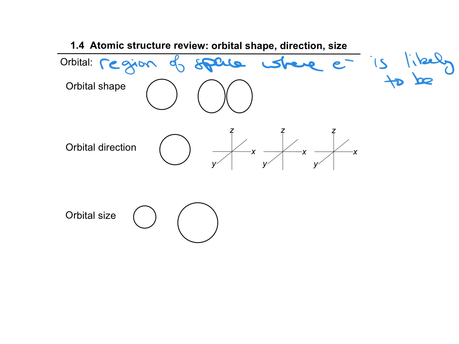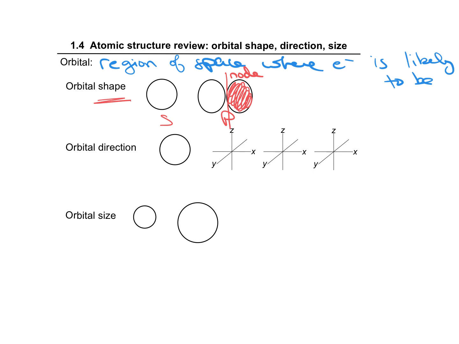Orbitals have shape, direction, and size. Now, the shape depends on the type of orbital. An s orbital is what we just saw on the previous slide, and here we have an overall spherical shape. We also have a p orbital. Now, a p orbital has a node, and a node is a region where there are no electrons, and these are opposite phase.